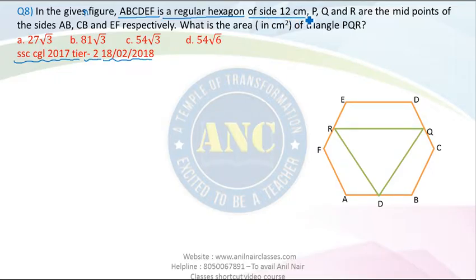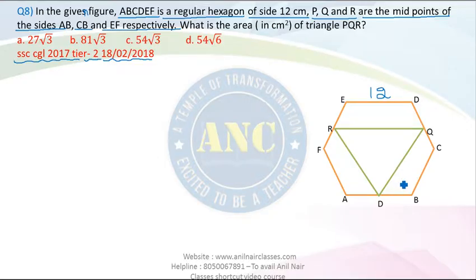What is the meaning of regular hexagon? We have already learnt it when we took problems on regular hexagon. 12 centimeter is the side, means all the sides are of 12 centimeter each. Beautiful. PQR are midpoints of sides AB, CD and EF respectively.